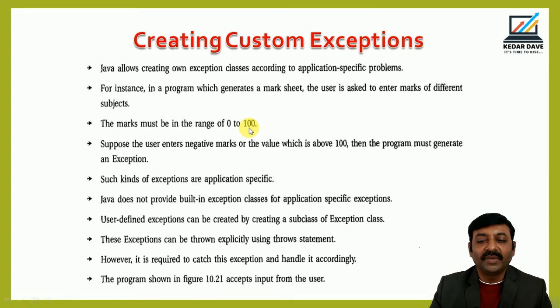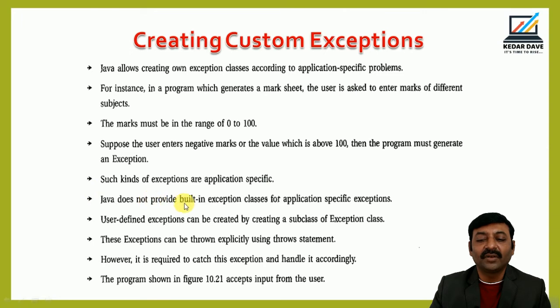Marks must be in the range of 0 to 100, so for a value above 100 or negative marks, the program must generate an exception. Such exceptions are application specific. If you create a tailor-made program, application or software, custom exceptions are used.